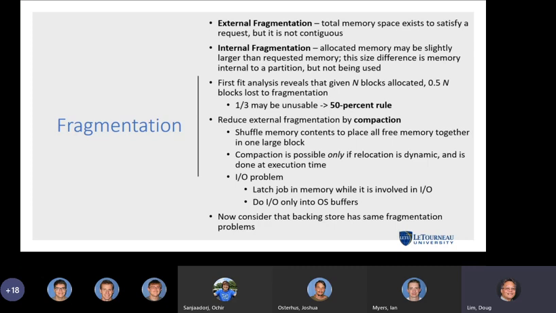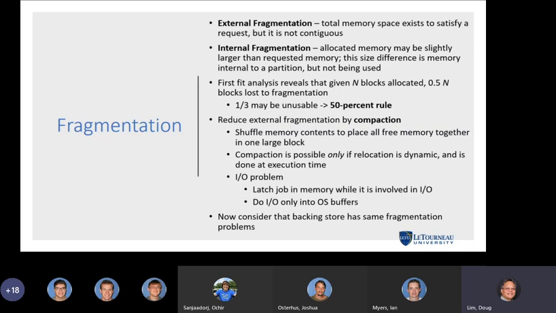Internal fragmentation means that we've grabbed a block of memory, but the amount of memory that is actually used by the process may be different than what is given to the process. That's because generally there will be a block size to help in the management of the process. If you had completely variable length blocks that you allocate, the management problem becomes very, very difficult.